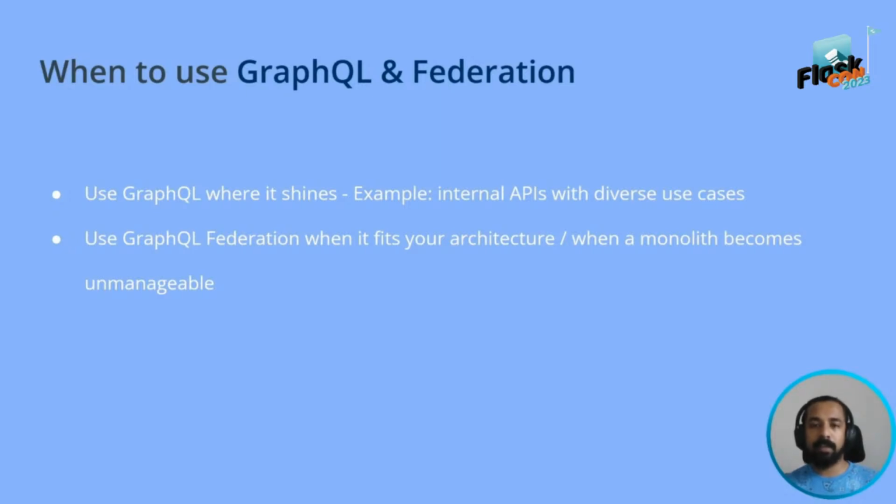If our current architecture is microservice based, Federation will fit us best. Also, when our current GraphQL monolith becomes unmanageable due to its complexity, we can think of moving to a federated architecture. These points are taken from a talk by Mark Andre given at GraphQL Conf. He's a GraphQL Steering Council member.